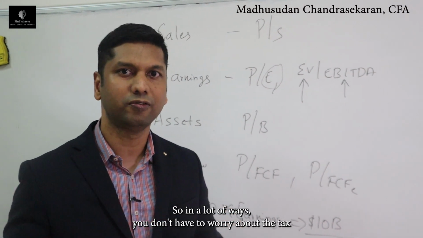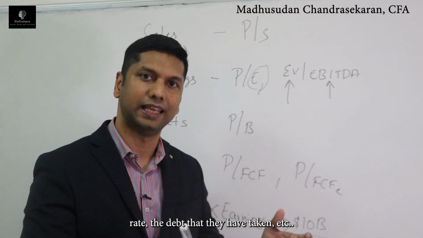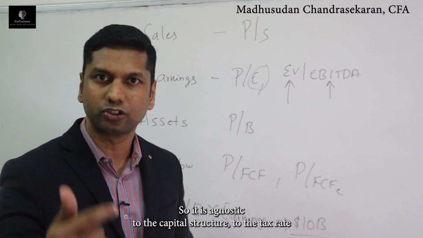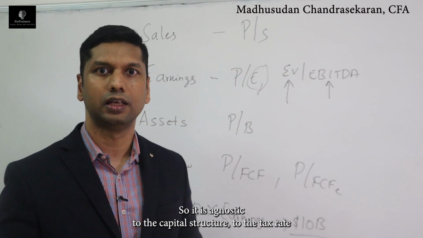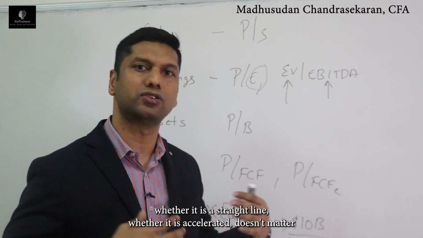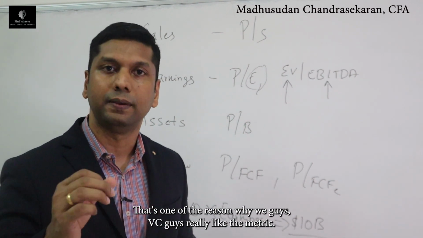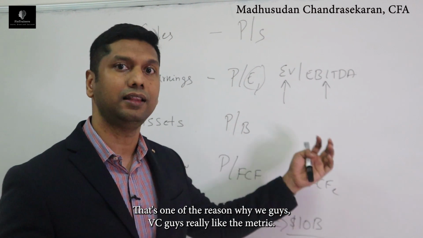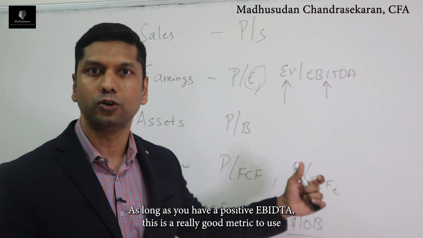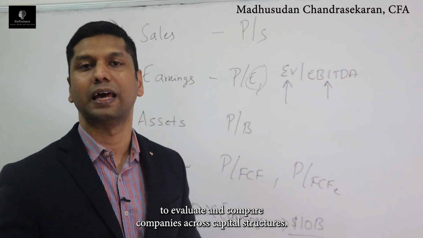So in a lot of ways, you don't have to worry about the tax rate, the debt that they have taken, etc. So it is agnostic to the capital structure, to the tax rate, your depreciation policy, whether it is a straight line, whether it is accelerated, doesn't matter. That's one of the reasons why PE guys, VC guys really like the metric. As long as you have a positive EBITDA, this is a really good metric to use to evaluate and compare companies across capital structures.